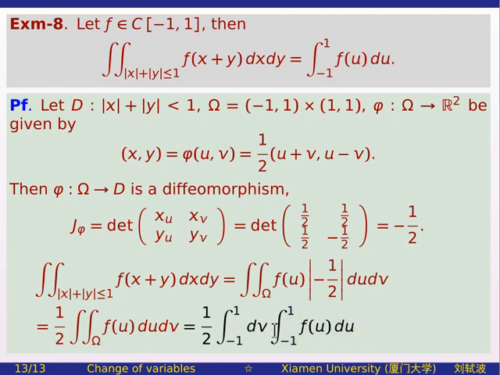The inner integral does not depend on v, so after integrating with respect to u it is a constant and can be moved out of the integral with respect to v. The integral of the constant function 1 over minus 1 to 1 is 2. So this 2 cancels with the 1 over 2 in front of the integral, giving us the final answer: the definite integral of f over the interval minus 1 to 1.